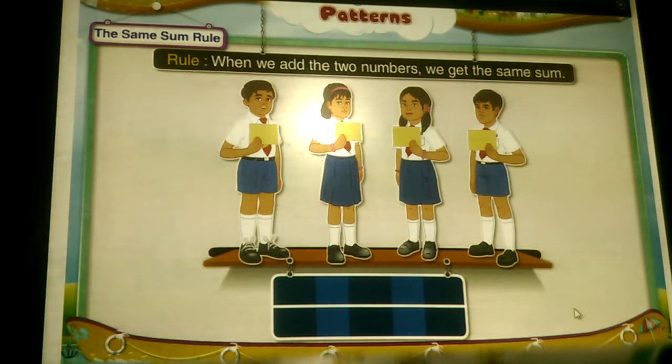Let's see whether we can apply the same rule and make a new pattern. Suppose the 3-digit number is 121. The next 3 consecutive numbers will be 122, 123 and 124.